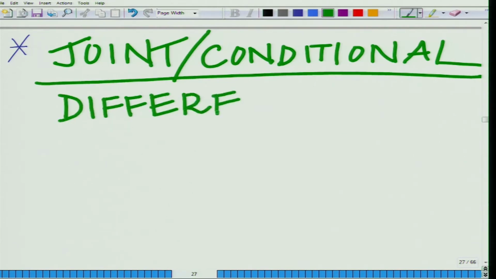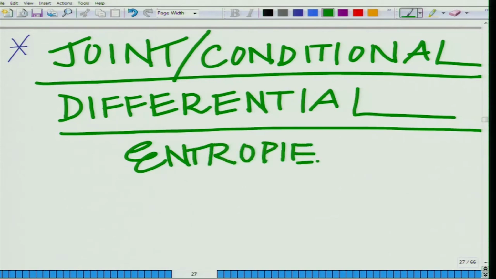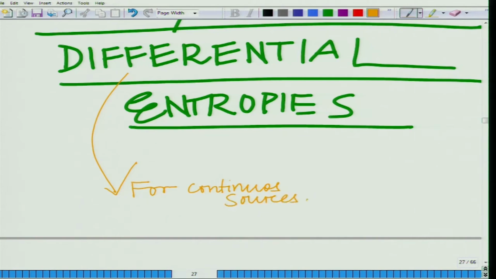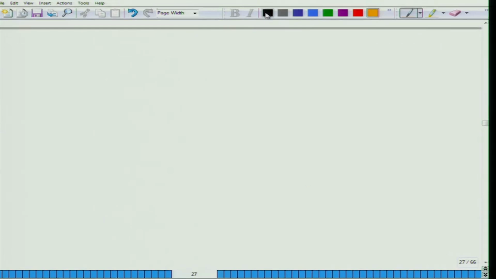And the definitions are rather similar. And remember, this is for continuous sources whose distributions are characterized by probability density functions.